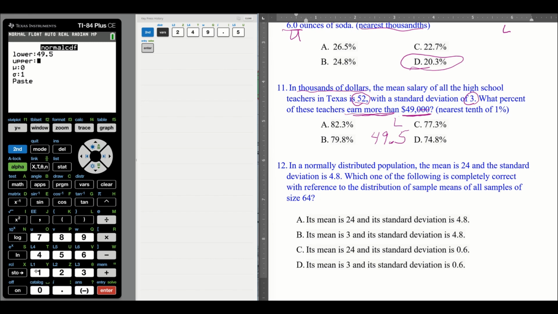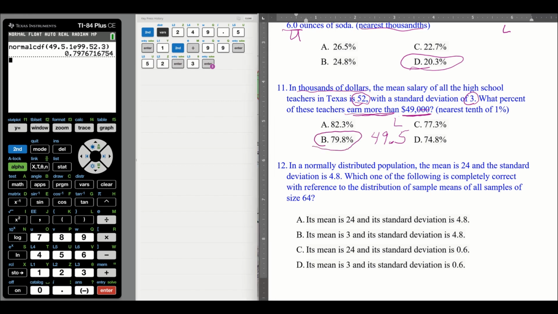Our upper bound is the 1 2nd E99, enter. Our mean was 52. Standard deviation is 3. Okay, notice we are going to assume it's thousands, but we didn't mix the changes, okay? That makes a difference. Don't be sucked in. Okay, and we're looking at option B, and that's correct. Great.